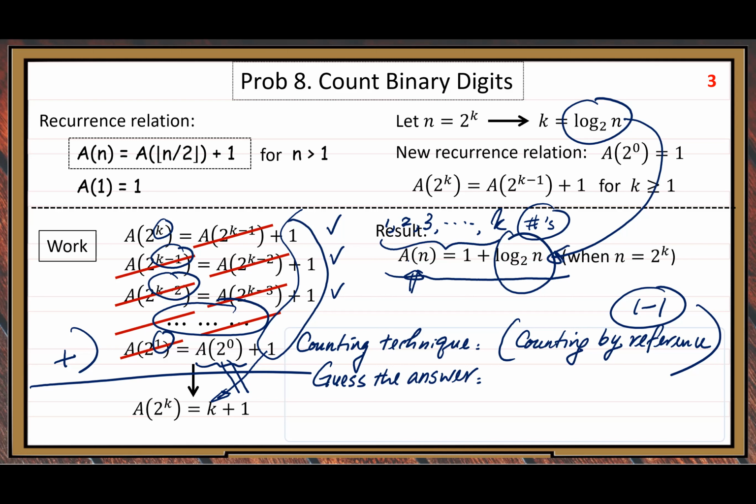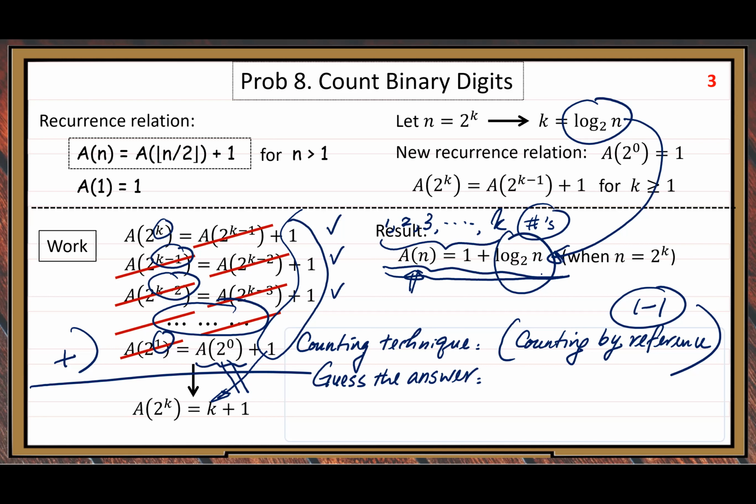Although we know this expression is not quite right when we move from n being a power of 2 to the general n, it may not be exact like this, but can we make some modification to make it close to the correct answer? So that's what we would like to do here.